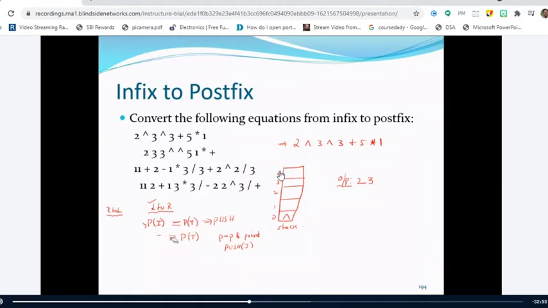So don't get confused by this. If the priority of the incoming operator for the right to left associative operators is equal to the priority of the top symbol, then we have to perform a push operation, not pop the stack and print it in the output and then push the incoming operator, right?